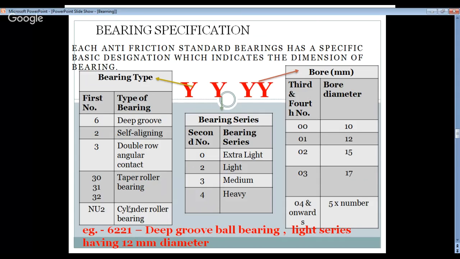It means that if we selected 6221, the bearing will be a deep groove ball bearing, which can be selected for a light load with a bore diameter from the 21 onwards, as 21 is not seen here. But if I choose 6203, it means that 03 is for a 17 mm diameter for the shaft.